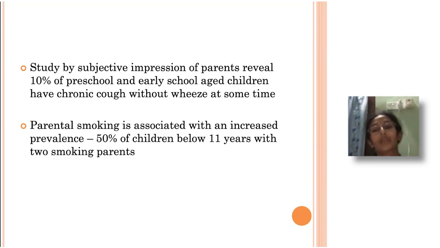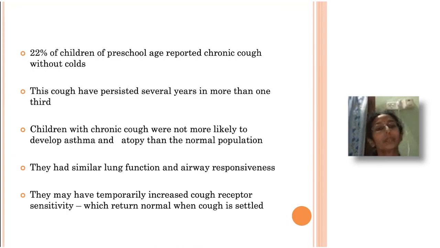Parental smoking is associated with an increased prevalence of chronic cough, and a study shows that among children below 11 years with both parents smoking, 50% had chronic cough. Another study identified that 22% of preschool children reported a chronic cough without cold, and this cough persisted for several years in more than one third.